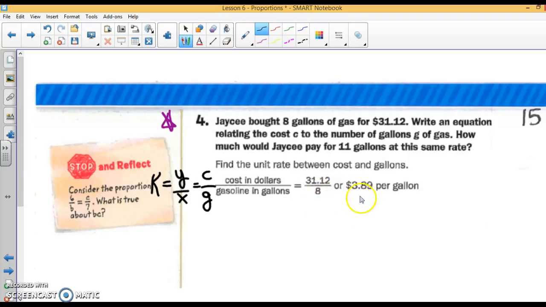If you divide that, that's $3.89 per gallon. That's our unit rate. That is K. So our equation, Y, which is C, equals K, which we found to be $3.89 per gallon. Now, does this make sense? It's $3.89 per gallon. So if I have 2 gallons, I multiply $3.89 times 2, and that gives me my cost.